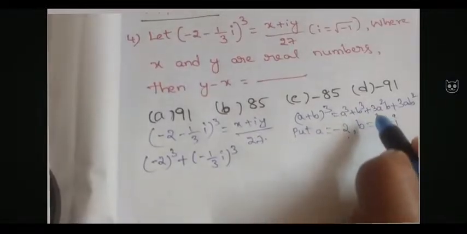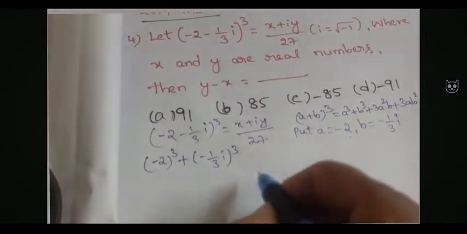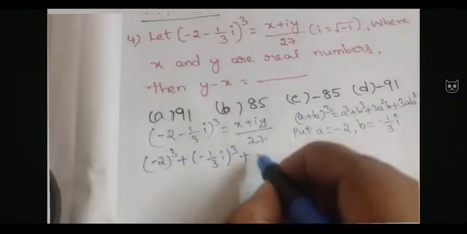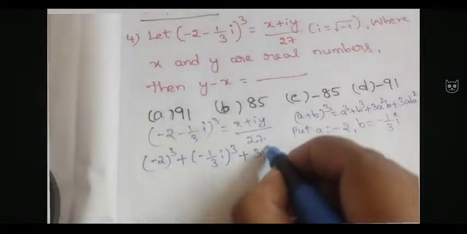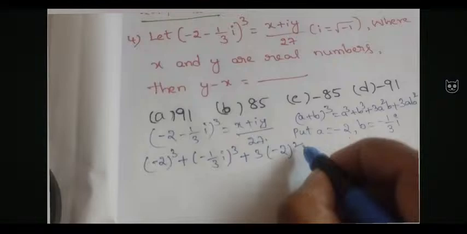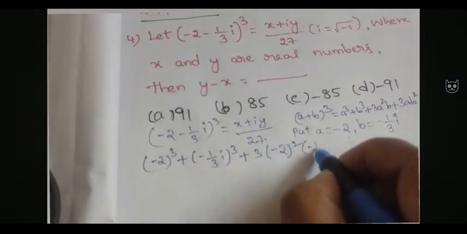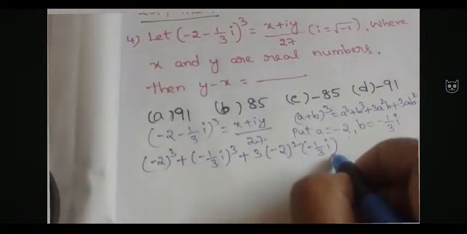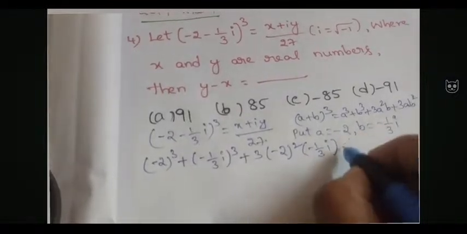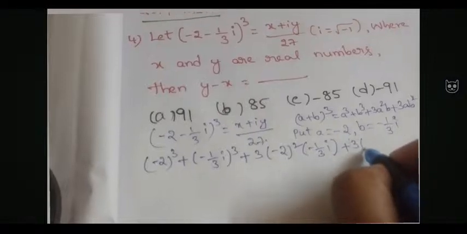Next, plus 3a square b. What is a? Minus 2 whole square, 3a square b. What is b? Minus 1 by 3 into i. Next, plus 3ab square. What is a?